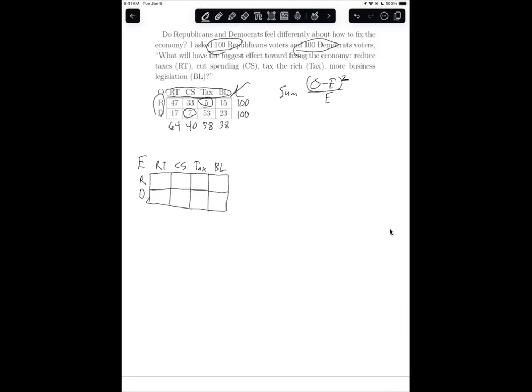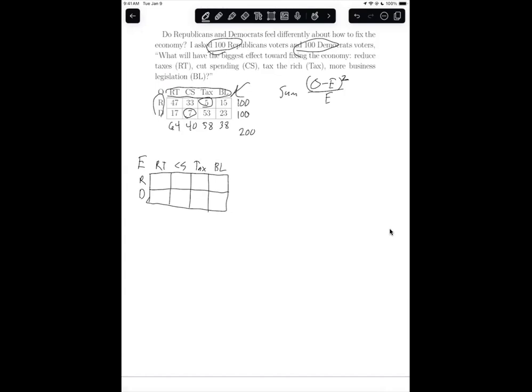And then the last marginal total is what's called the total total, and that's the 100 plus 100, which gets you 200. Or you could do 64 plus 40 plus 58 plus 38, which is also equal to 200. So we have the column marginal totals, the row marginal totals, and the total total.